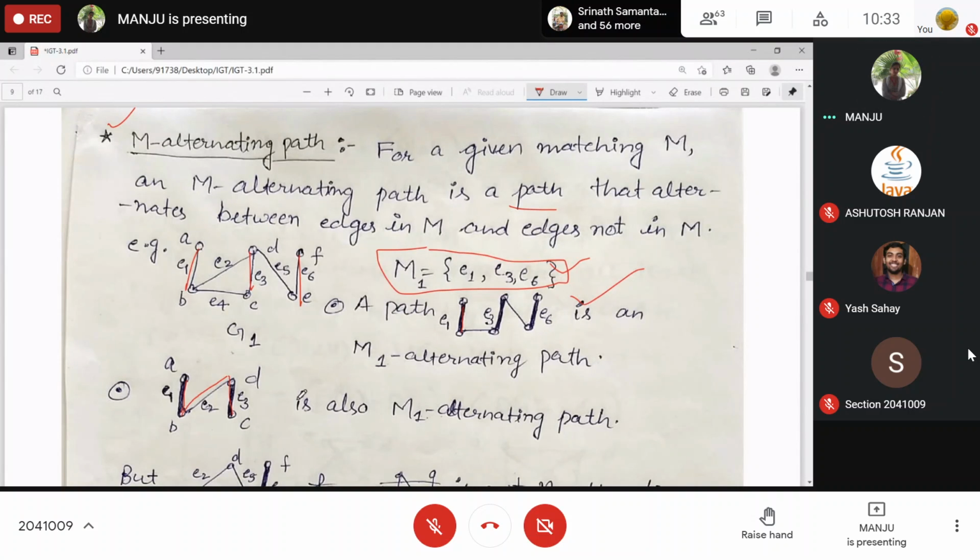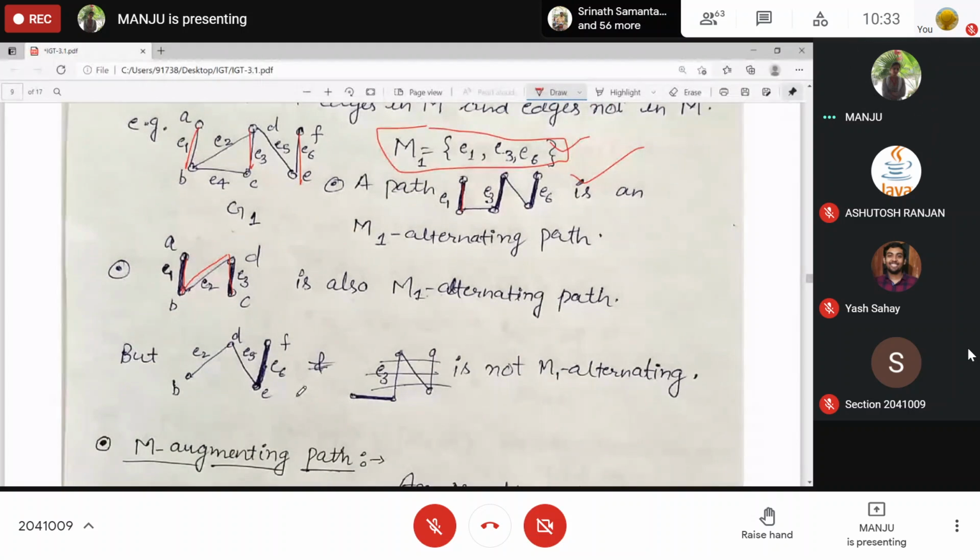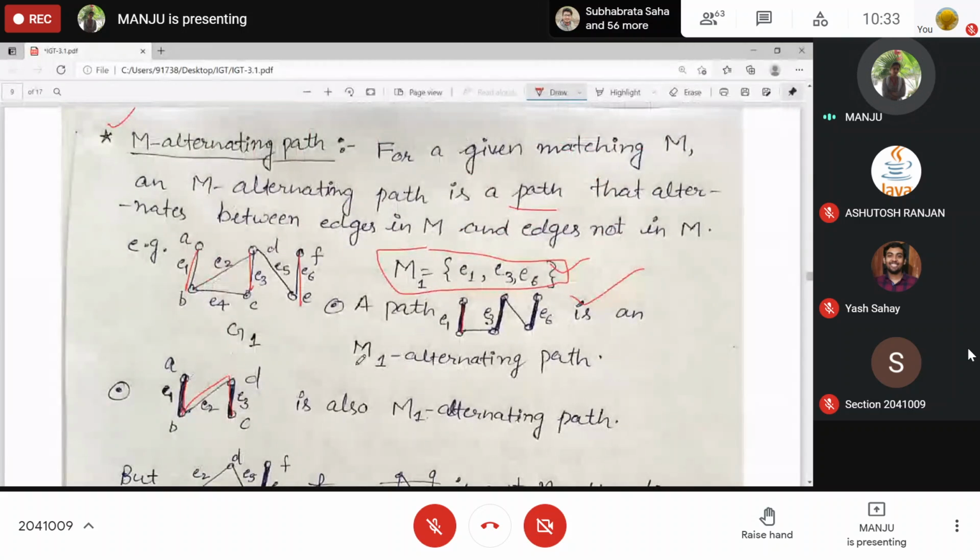Edges from M. Okay? But what about this path, E2, E5, E6? Is it an M alternating path? You have only this one coming from matching.